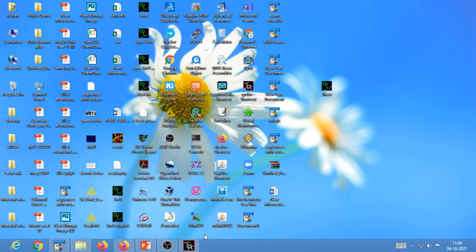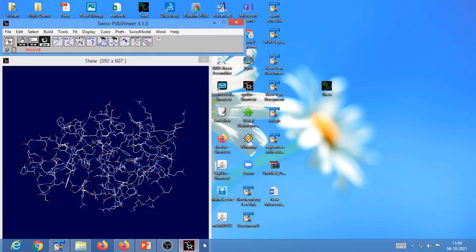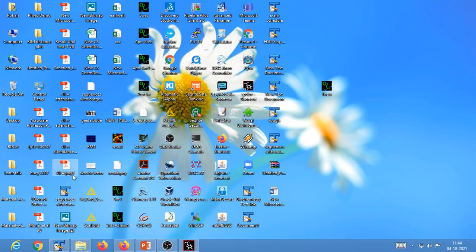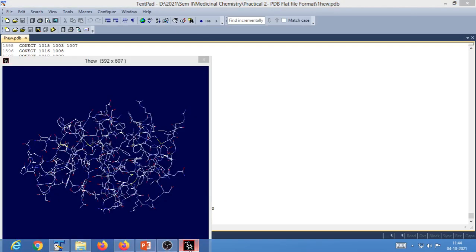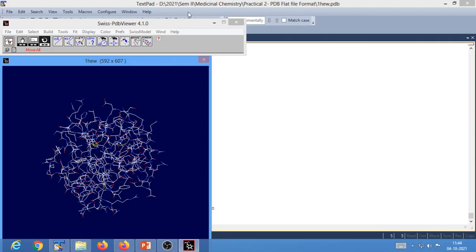See how fast these computers are, that in just a blink of a second it has read all these 1627 lines and showed you this beautiful model.